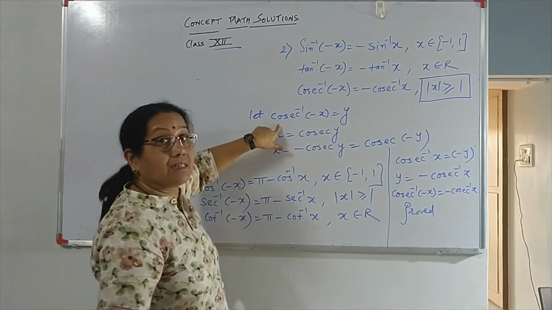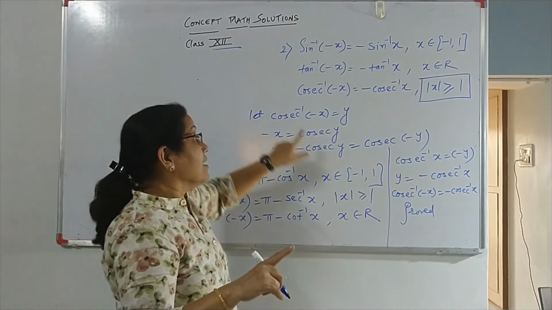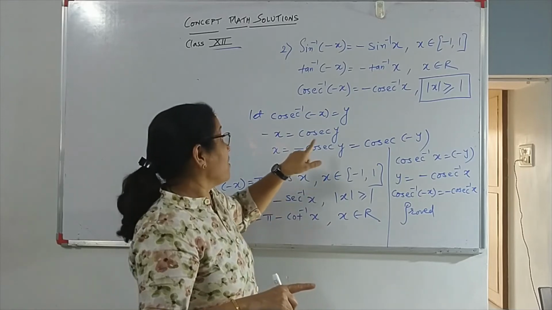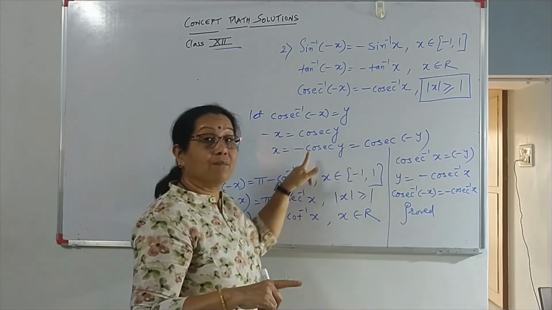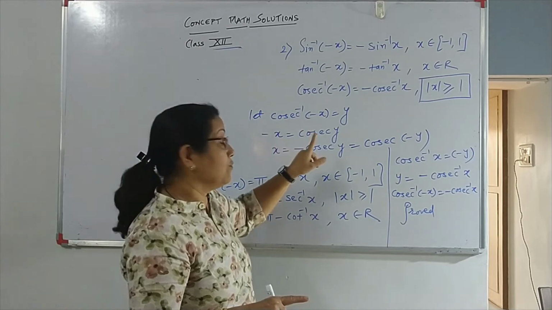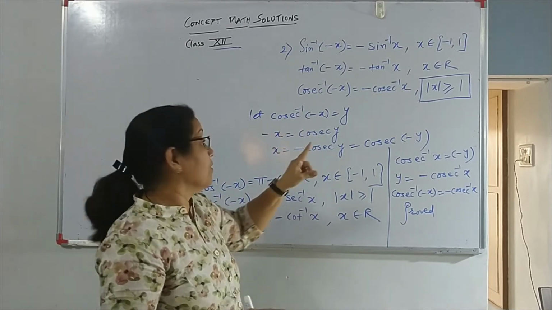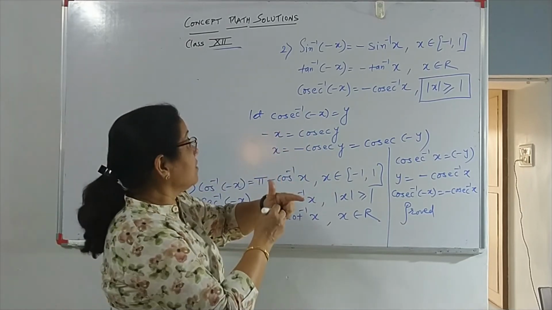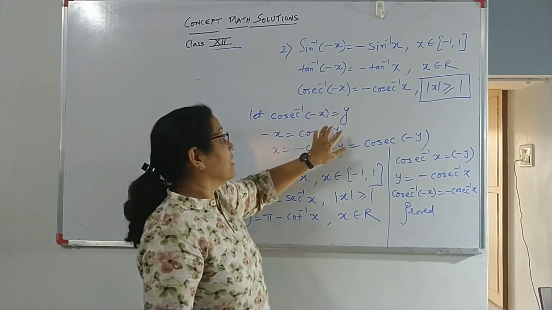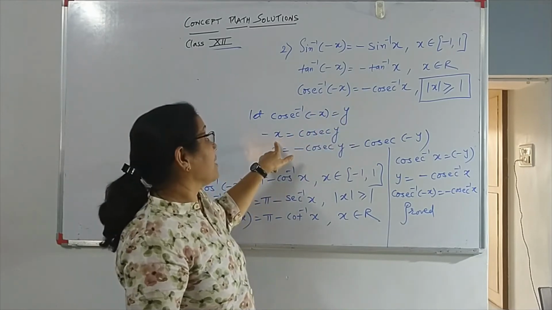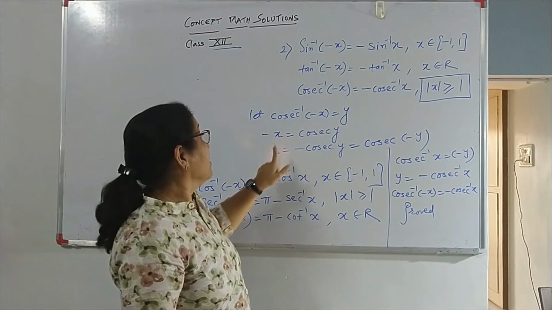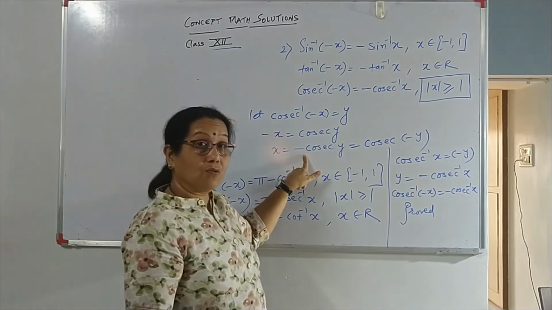Again, understand one thing: sine of minus theta is minus sine theta. Same way, cosec of minus theta is minus cosec theta. I have used that class 11 trigonometry. So cosec inverse of minus x we assumed as y. That gave us minus x as cosec y, so x becomes minus cosec y.